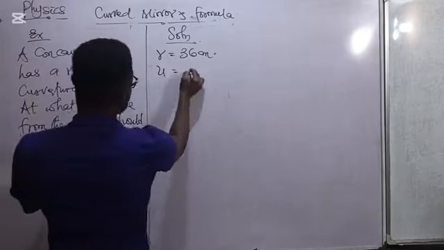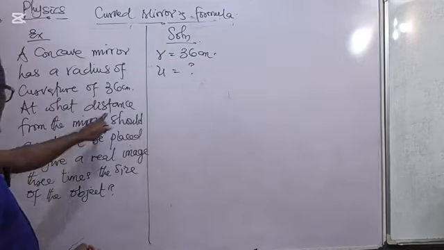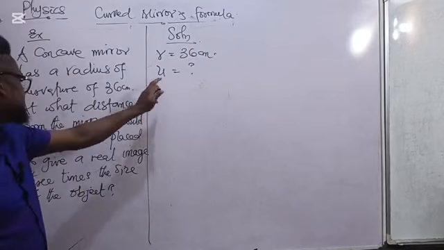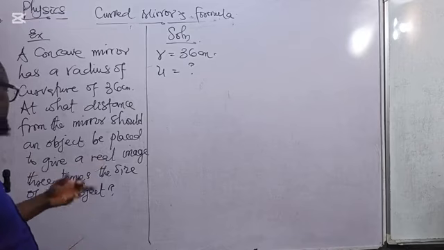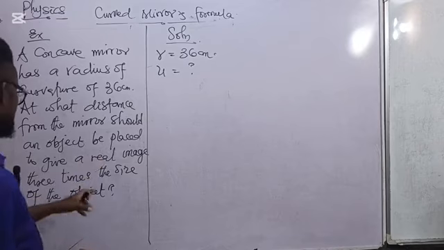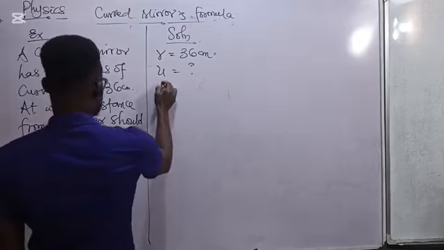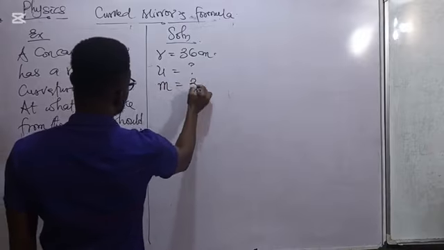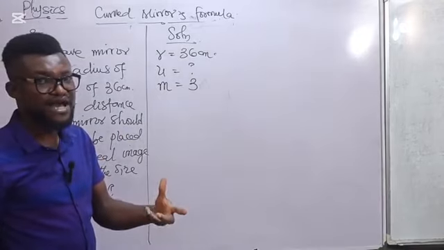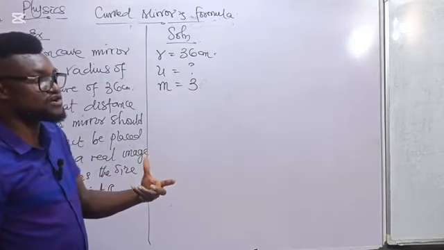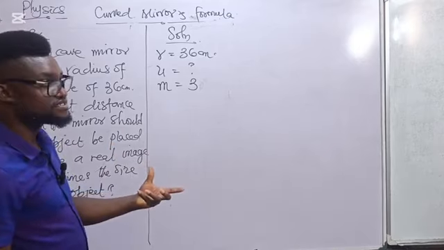At what distance from the mirror should an object be placed to give a real image 3 times the object? Which means we are now asked to find what? The object distance. So the magnification is 3. Now to give a real image, remember the focal length of a concave mirror is positive, okay?